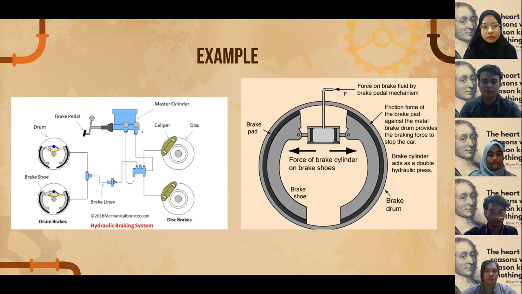At the right, the brake fluid applies force in the cylinder on the brake shoes, by the brake pedal mechanism, and the friction force of the brake pad against the metal brake drum provides the braking force to stop the car. The brake cylinder acts as a double hydraulic press. That's all for me, and I'm going to pass to Akmal. Thank you.